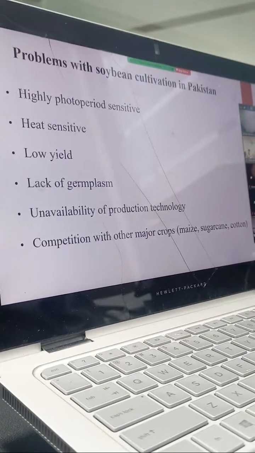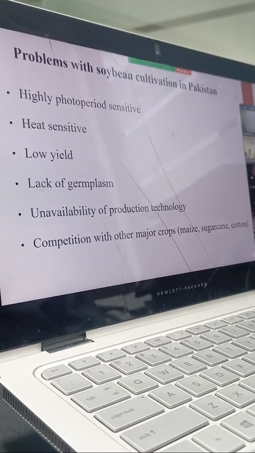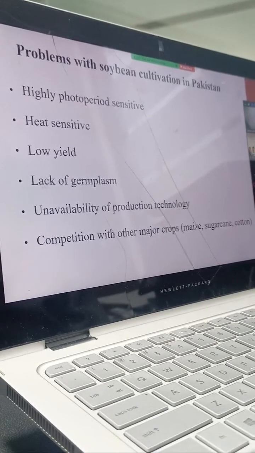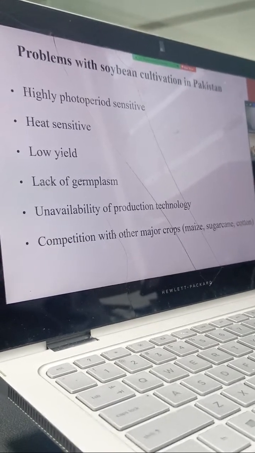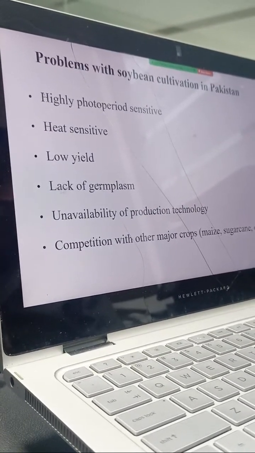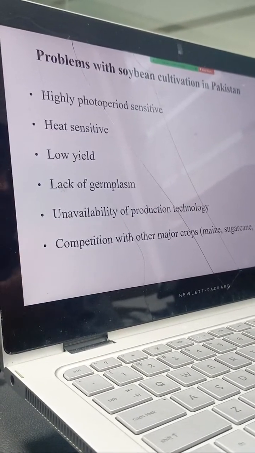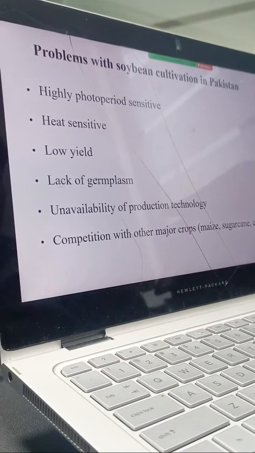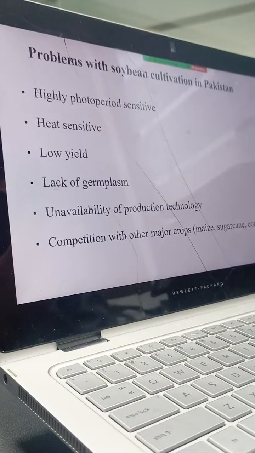And the most important thing, this crop has competition with other major crops like maize, sugarcane, and cotton. The reason is that people prefer these three crops because they get more economic return from them compared to soybean.